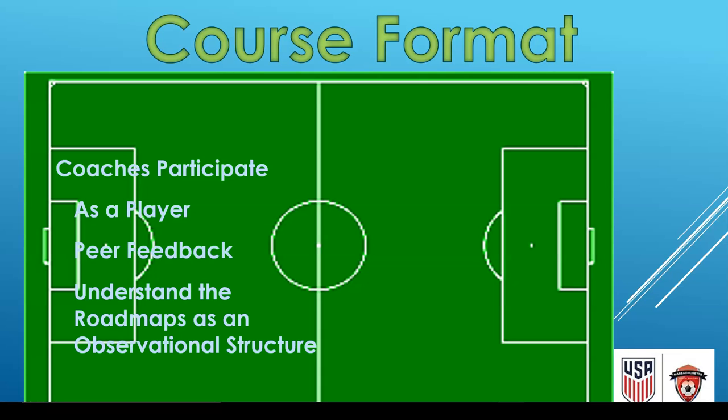For these 2 sessions, the candidates who are not playing will be observing and making notes to better provide feedback or to better understand how the grassroots roadmaps are used as an observational structure. During the remainder of the field sessions, you will be the coaches, coaching youth players. This tends to be a slower process, but all coaches will still have different roles.